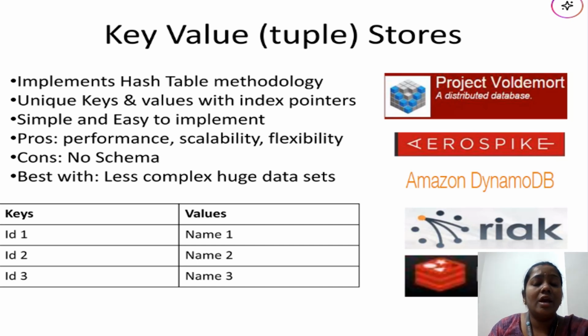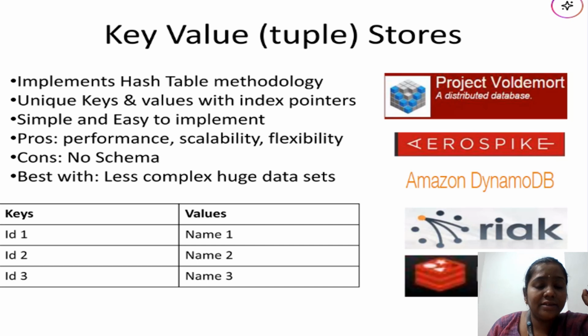When we talk about the disadvantages, there is no schema or architecture, but we are able to identify the data uniquely. The best thing in key value is that it is very less complex even when we compare it to huge data sets. So this is the first type in your MongoDB data types.